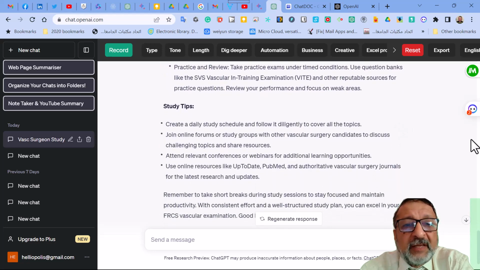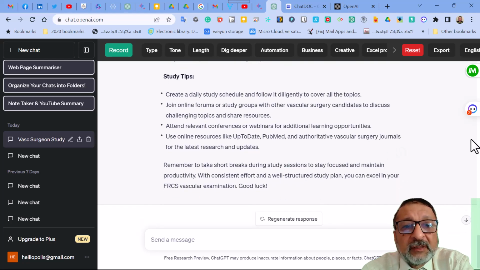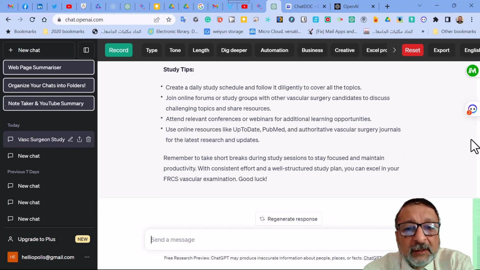It gives you certain tips. Create a daily study schedule, so prepare what you are going to study today. Join online forums, as you like to discuss with your colleagues. Attend relevant conferences. Use online resources, and it mentioned PubMed, UpToDate, and authoritative vascular surgery journals.